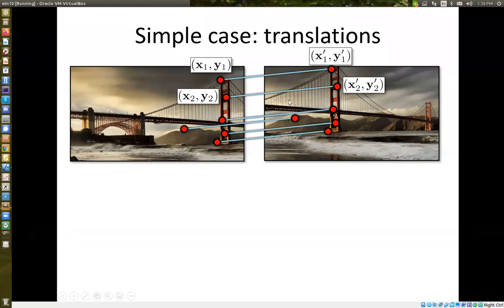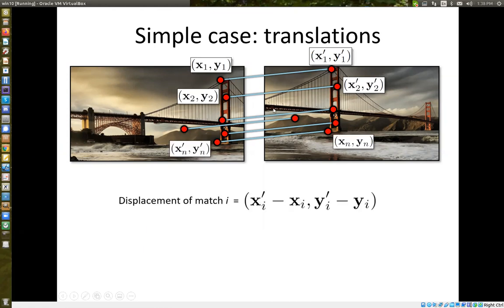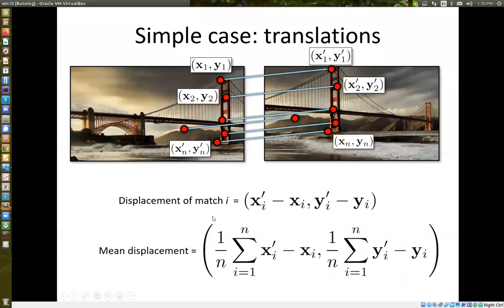If I only take one point and approximate the translation, it will be just the difference: for a match i, xi' minus xi and yi' minus yi. Then if I want to take advantage of all of them, I can simply take the average. So in this case it's actually pretty simple, and I can find this translation matrix.